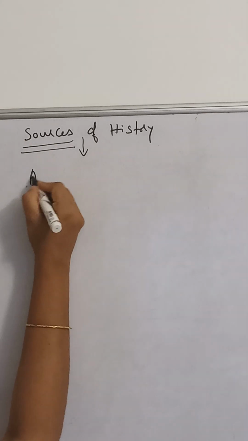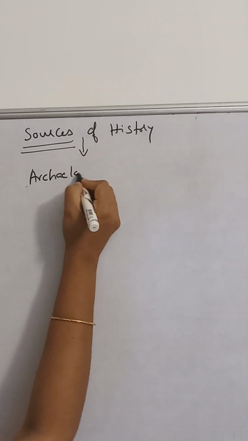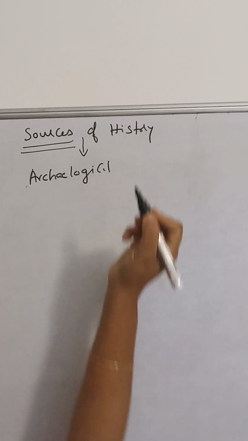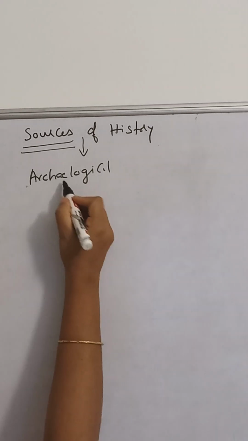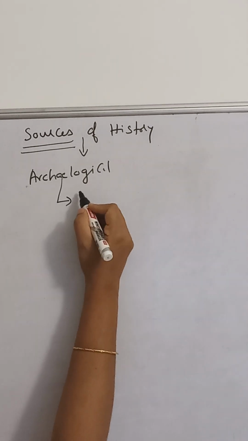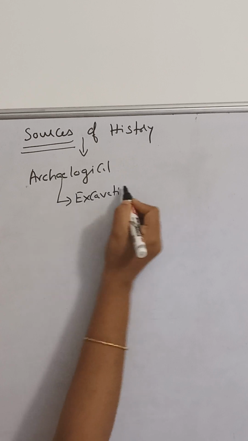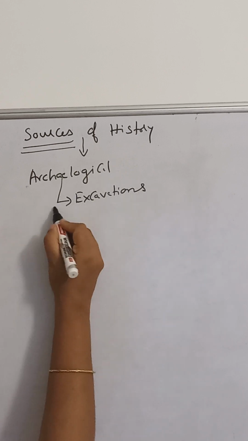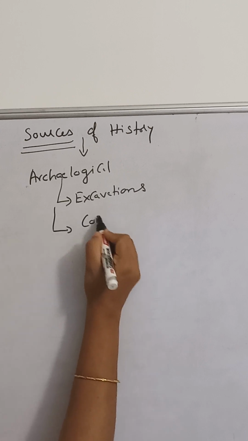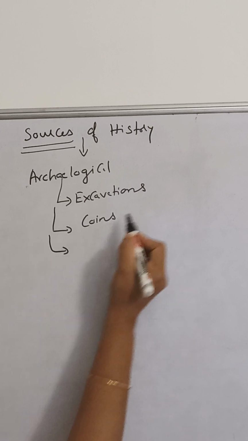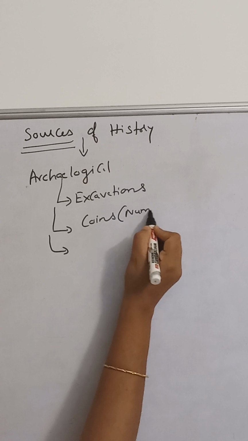So in the archaeological sources, what all comes? You have excavations, that is, you dig up and find out a lot of things. Then you have coins, which is also known as numismatics.